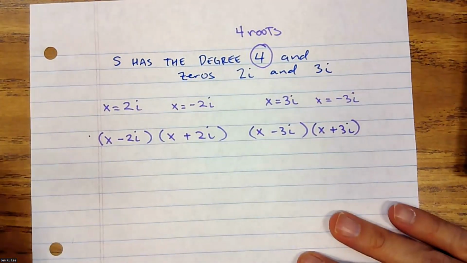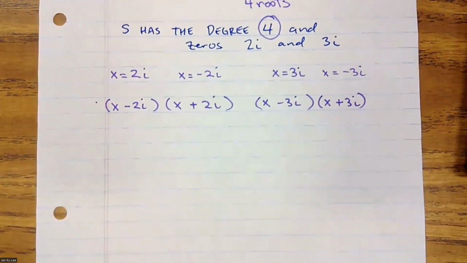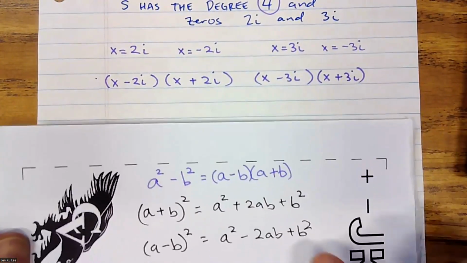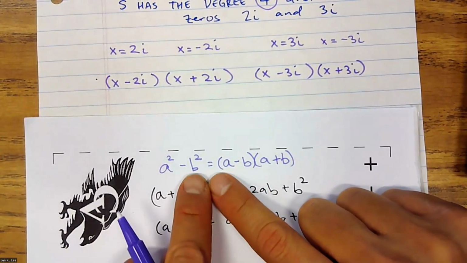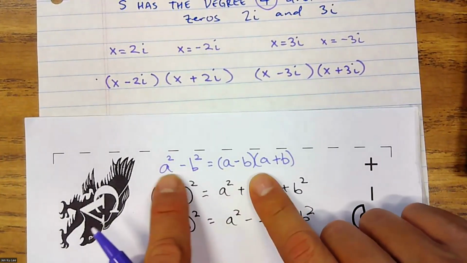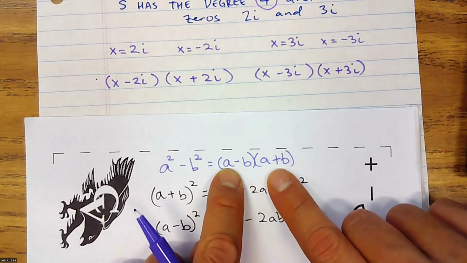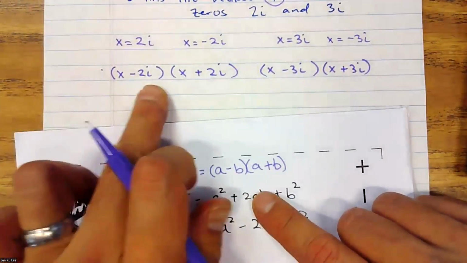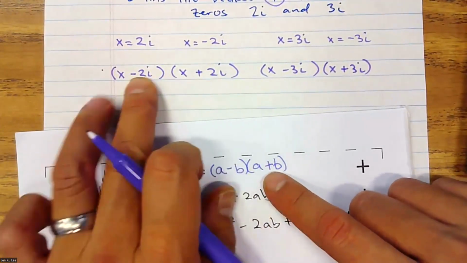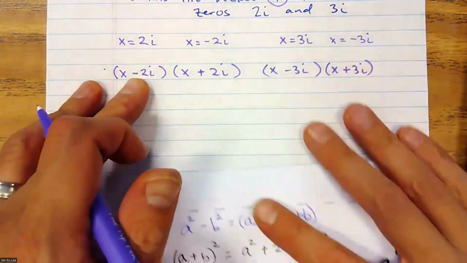Okay, using this guy here, a squared minus b squared equals a plus b, a minus b, right?